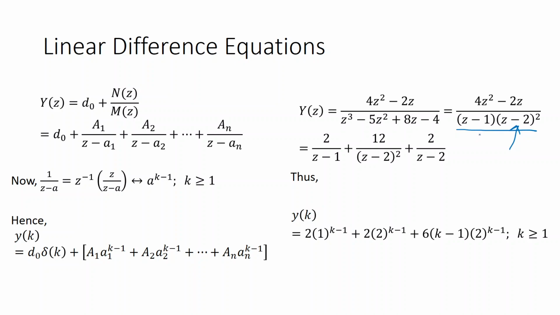When you calculate the residues of these terms, you will get the residues as 2, 12 and 2. So this calculation is left to you. I hope you know how to calculate the residues of these terms, and then you will get your y_k as this, and you have to mention this.